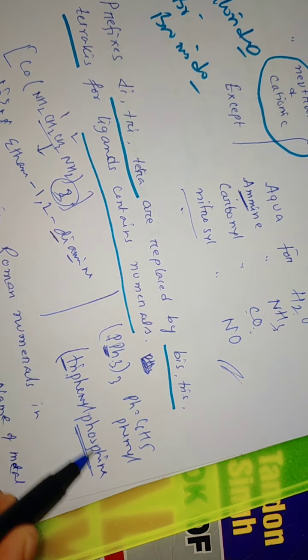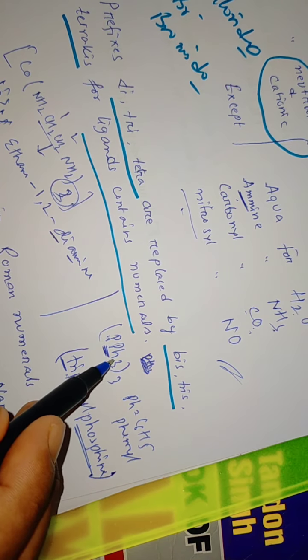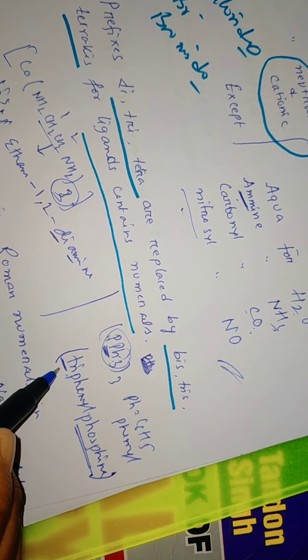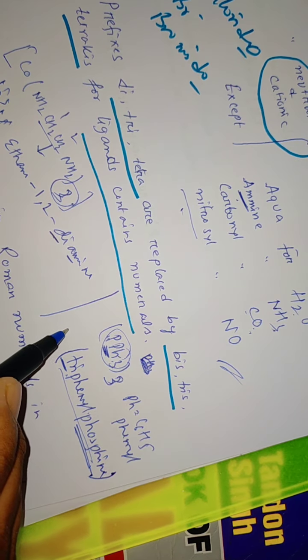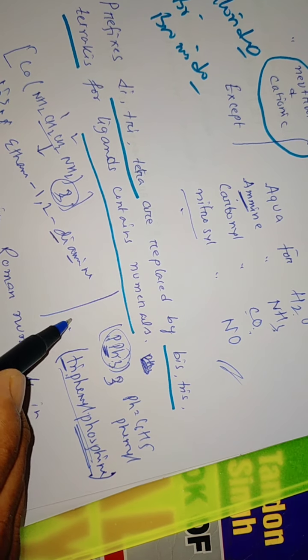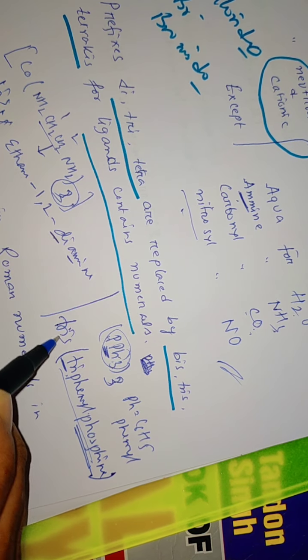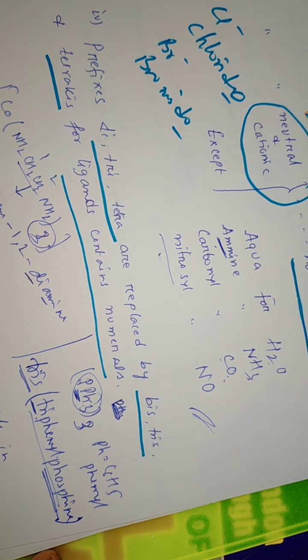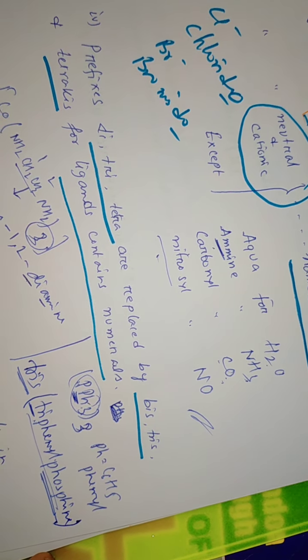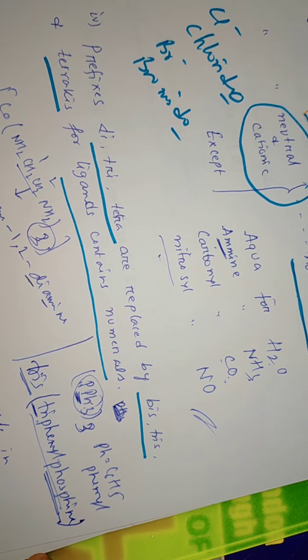Now this tri word, in this case, this is your triphenylphosphine, the bracket one, 3 times. You need not write tri, you have to write tris. So this part also you remember. The tris, bis we are using for this purpose.